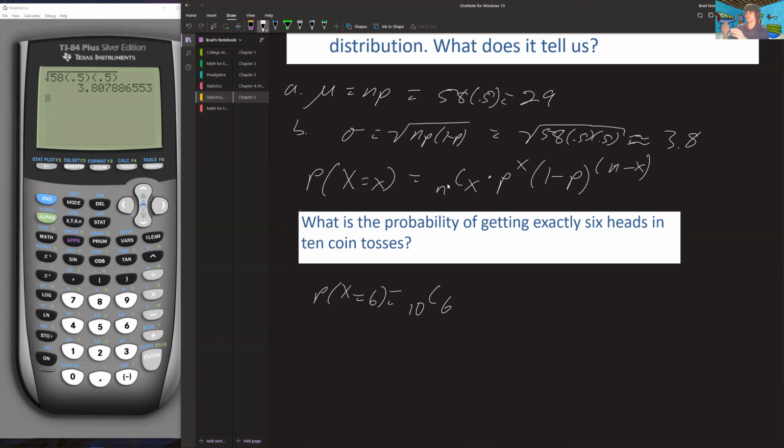It's choosing which 6 of the 10 are going to succeed. So that's why this n choose x is important here. Times the probability of x, 0.5 to the 6th power, times 1 minus 0.5. Well, 1 minus 0.5 is 0.5, to the n minus x, 10 minus 6. So I get 10 choose 6.